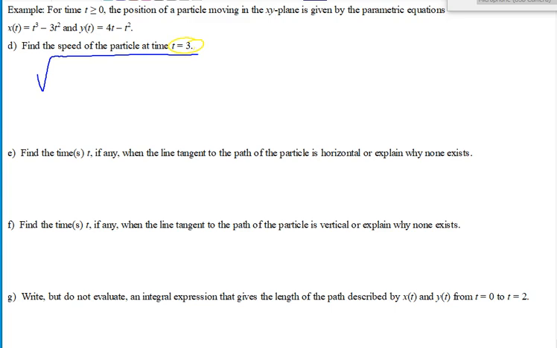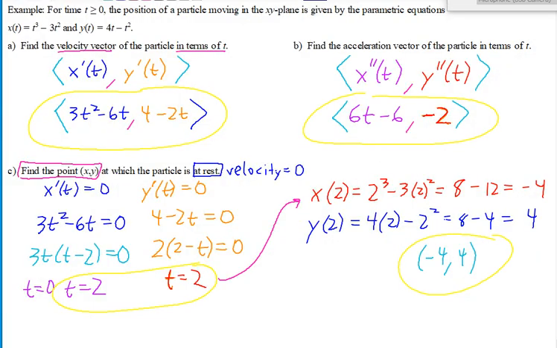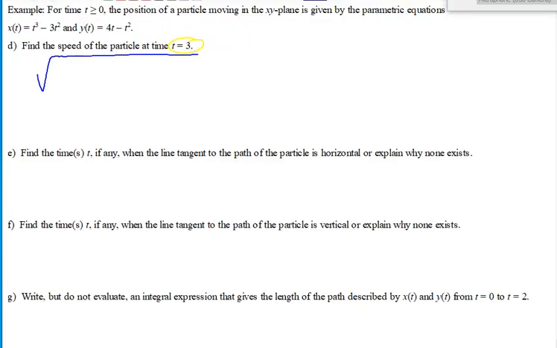So this would actually be x prime of 3 squared plus y prime of 3 squared, and that'll give us what the speed is equal to. So x prime of 3, if we hadn't already found it, we'd have to find x prime of t.